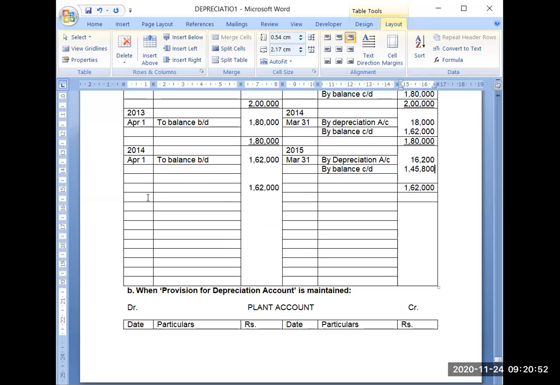Now we will come in the year 2015. April 1 to balance brought down 1,45,800.